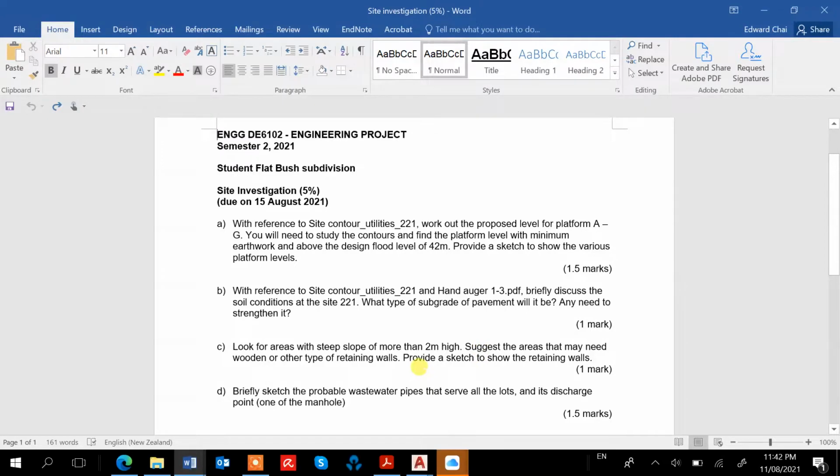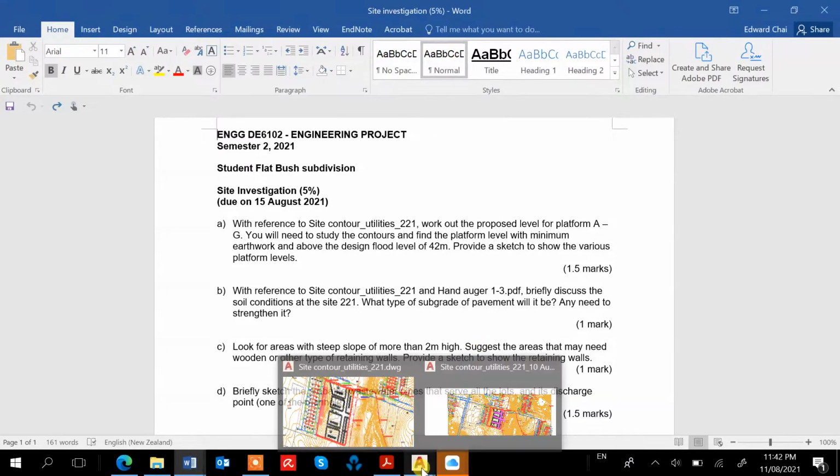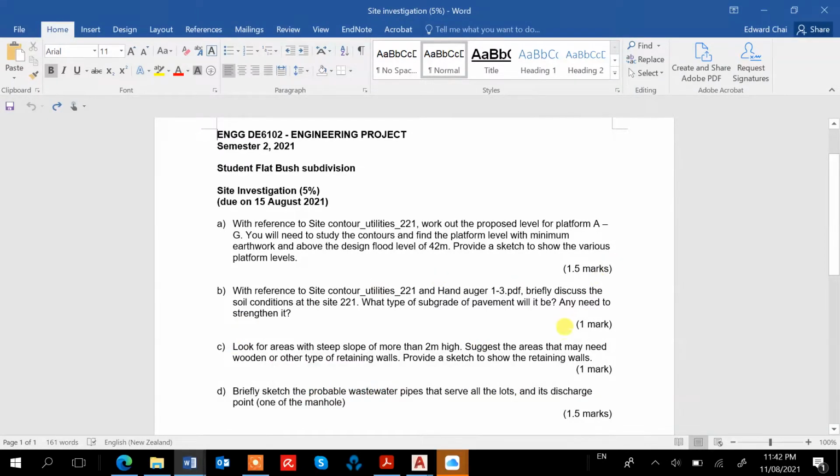Thirdly, we need to look at the areas of this parcel 221 and identify any place where the slope is quite steep, which may need some retaining wall.